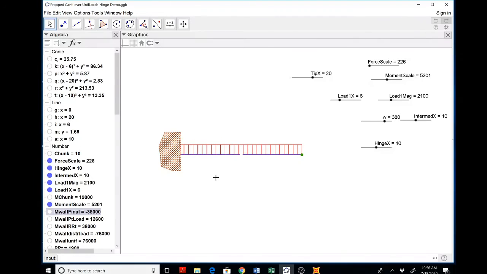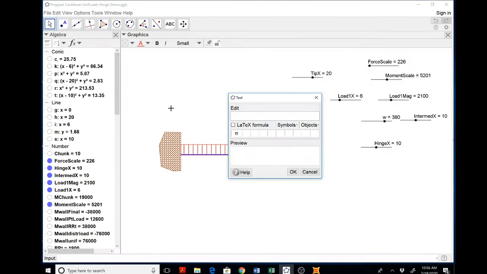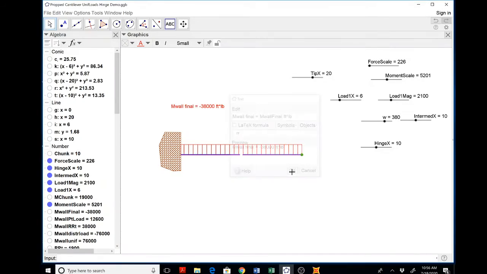And that is 3,800, and it's on this side, so I'm going to put it over here. M wall final is M wall final foot pounds.